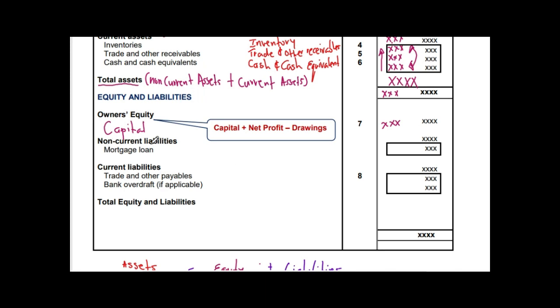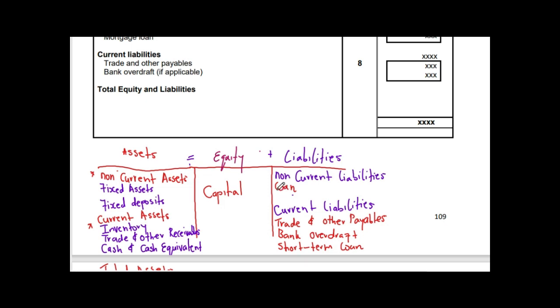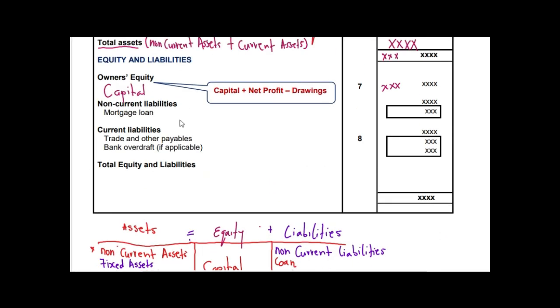And then we have liabilities. Under liabilities, as we said, we only have loan. We are going to write our loan, and the amount of loan will be recorded here, and immediately it will be our non-current liabilities. And then we have current liabilities, whereby we have trade and other payables.